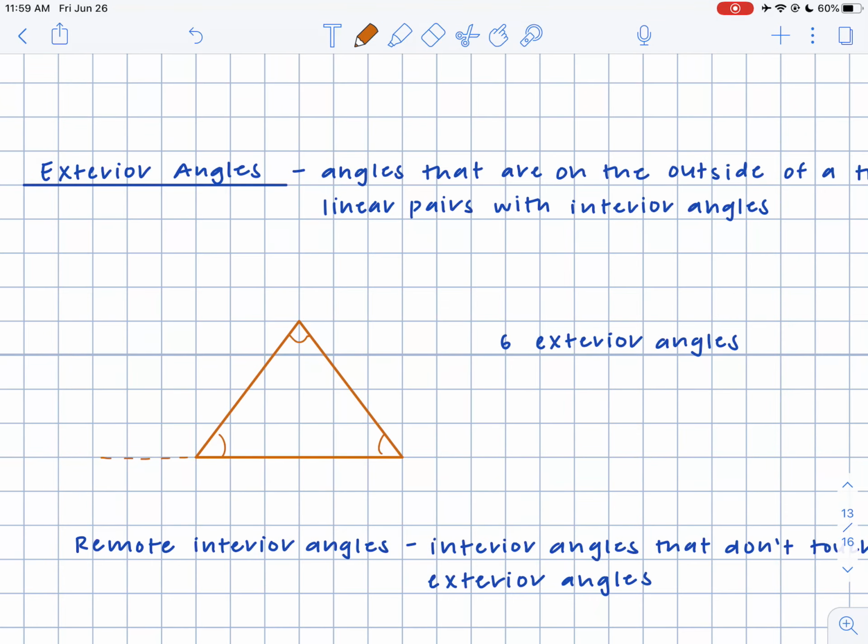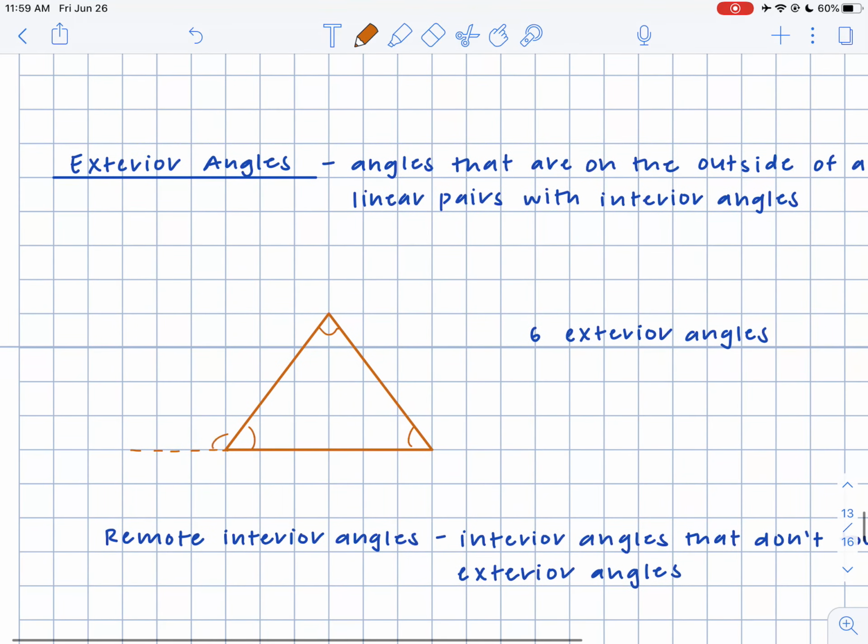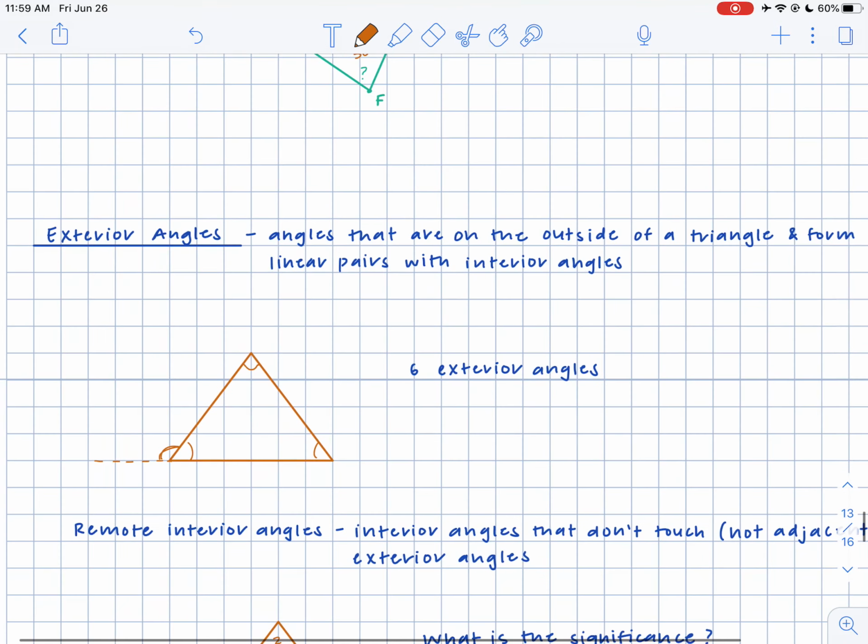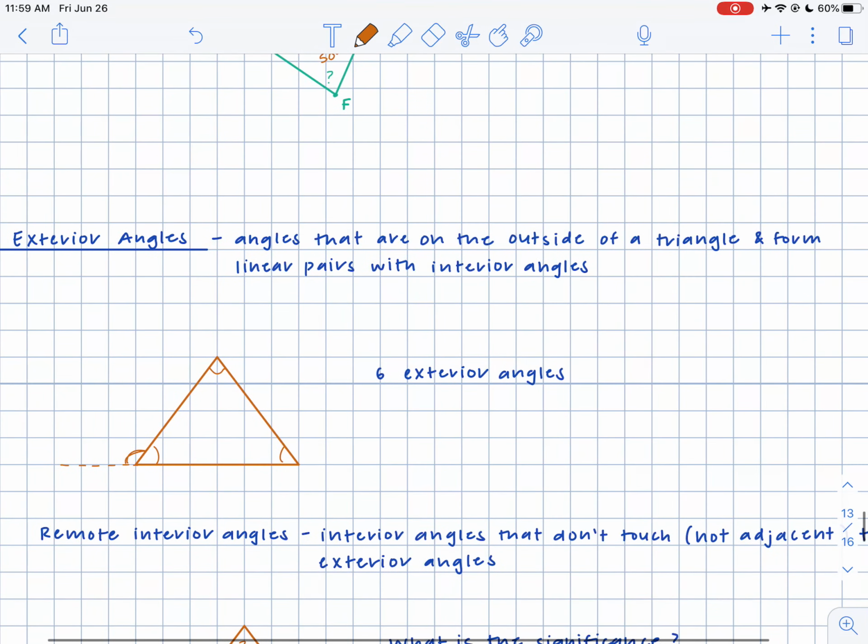But you have to keep in mind, we also have exterior angles, and this would be on the outside, okay? So they are on the outside of a triangle and form linear pairs. What are linear pairs again? These are adjacent angles that are supplementary. So they form linear pairs with interior angles, okay?